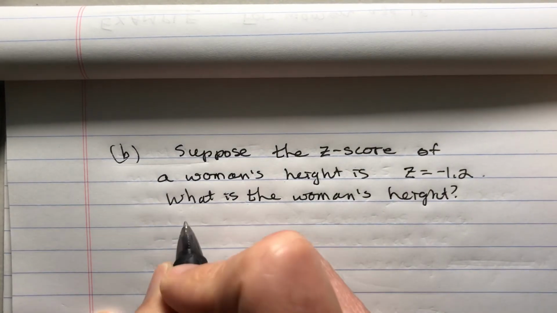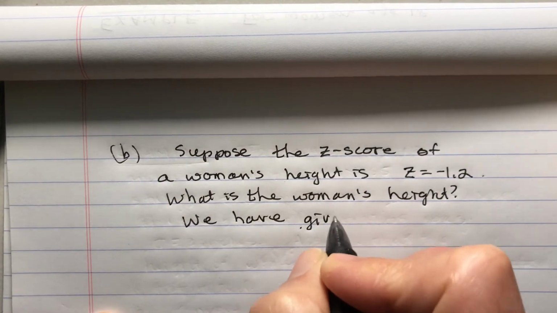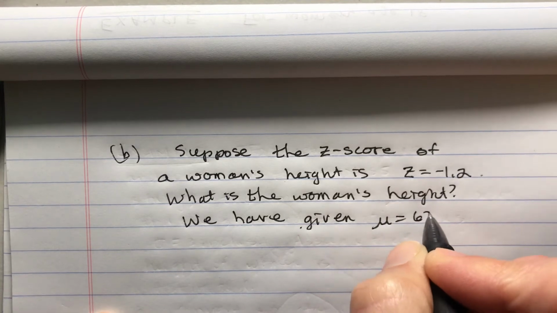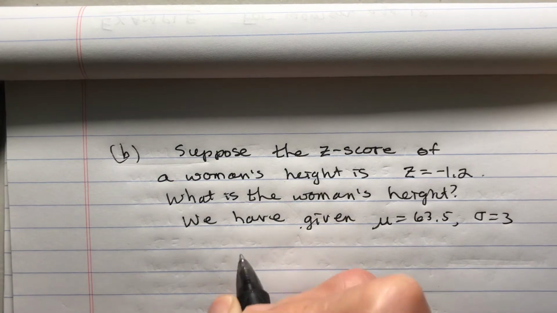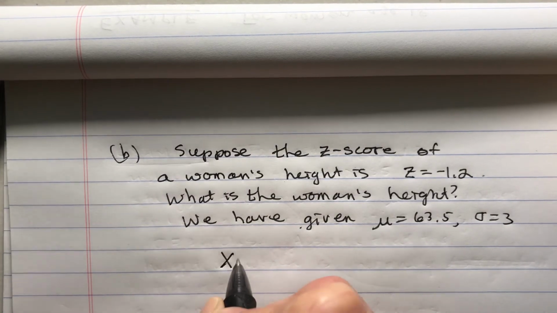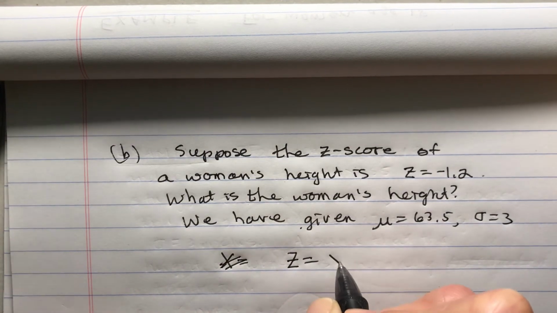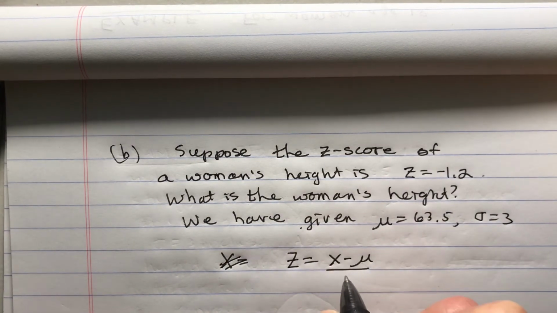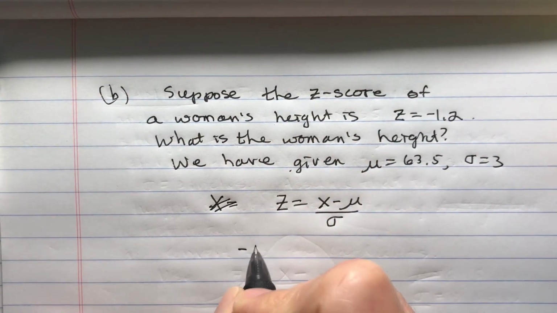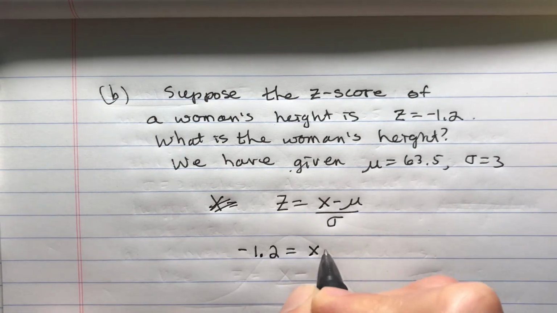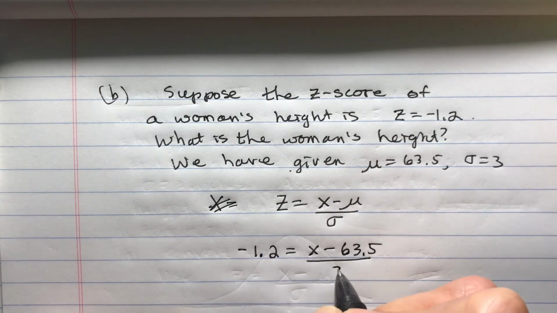Okay, so we have this information that was given. The mu was 63.5, sigma was equal to 3. And we have this formula. This is going to require us to use algebra. So I'm going to plug into this formula. I get negative 1.2 equals x minus 63.5 over 3.